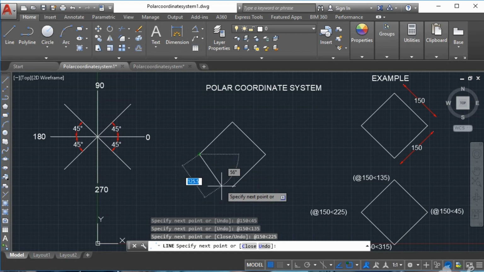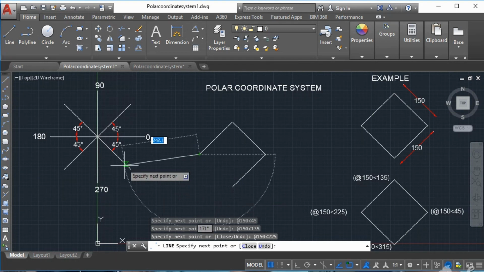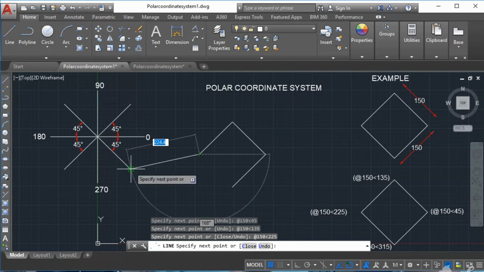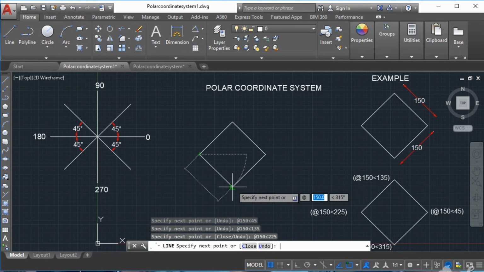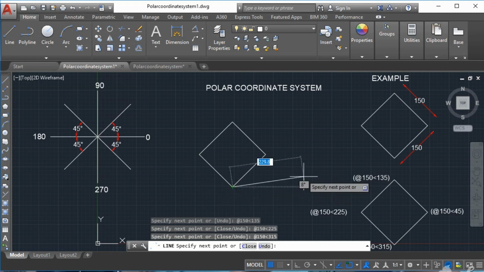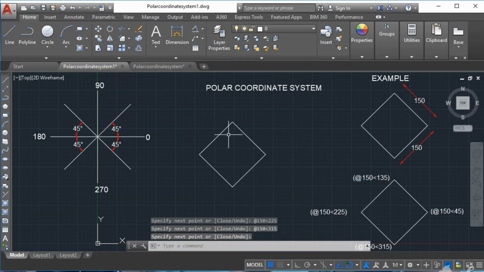The next point will be @ 150 distance and the angle will be how much? For this line, it will be 270 plus 45. How much will it be? 315. So let us type @ 150 distance less than 315. Enter. See, now we got this square with 150 distance and angle like this.